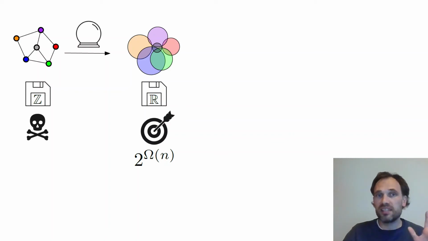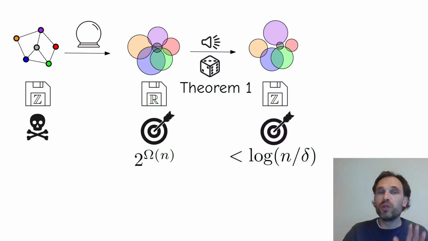So we kind of guess that one, we know it exists. And what we do then is we add some uniformly distributed noise. And you know from theorem one, what we talked about earlier in this talk, that now we only need a logarithmic number of bits to describe this disk intersection graph without changing the underlying graph.